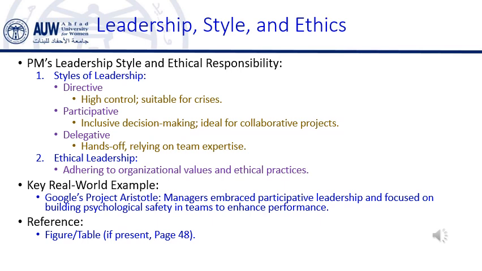This helps ensure the project stays on track despite the tight timeline. This ties into earlier discussions about time management and resource allocation. A directive style can help a PM manage resources and ensure tasks are completed on schedule.